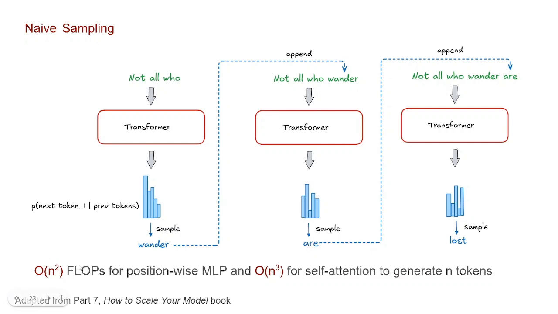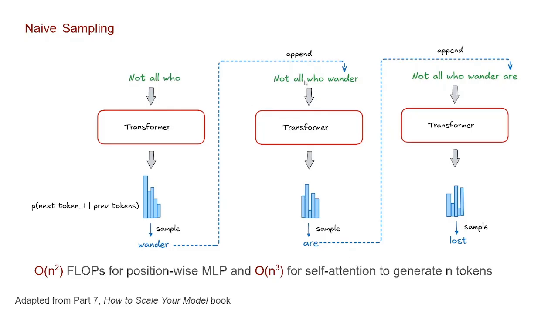The problem is that in this whole process of inference, its complexity is order n squared flops if we just consider the position-wise MLP. And for the self-attention modules, it's order n cubed, where n is the number of tokens totally generated.